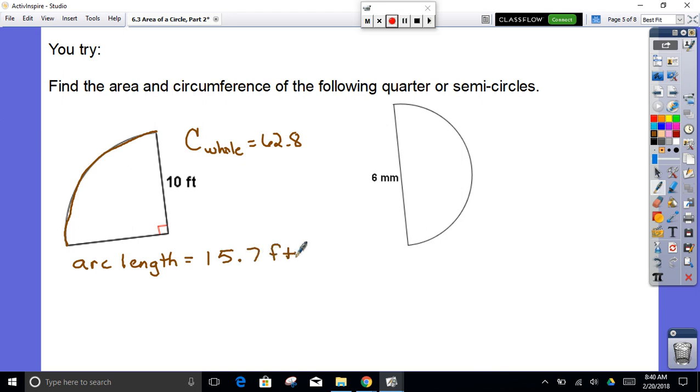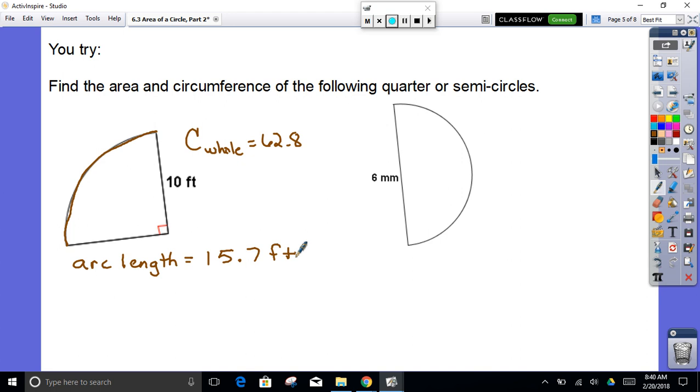If we wanted to find the whole distance around the circle, how would we do that? It's kind of a different question. If we wanted to find the perimeter, we'd call it the perimeter, not the circumference of this circle, what would we do? Jake? Well, I think you would find the circumference and then divide it by 4, right?